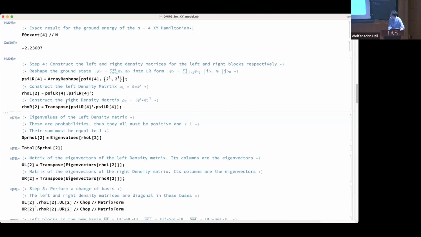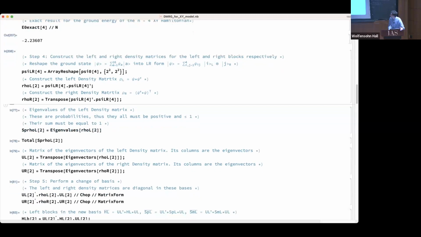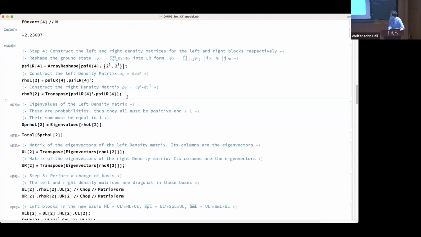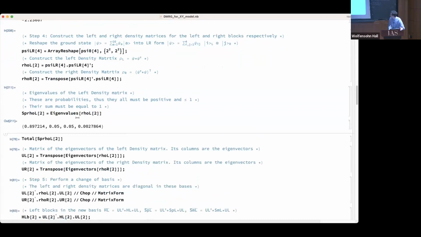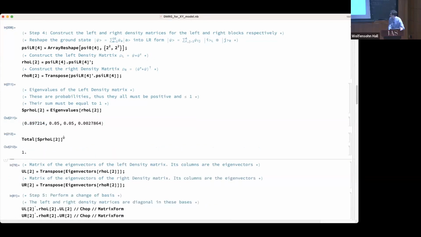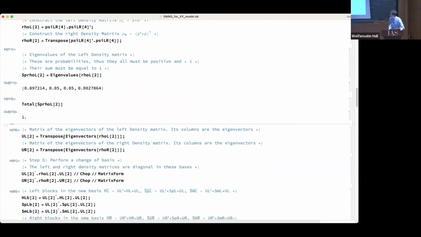Now you can build a left and right density matrix exactly as I said, psi psi dagger or psi dagger psi, and then find its eigenvalues. For example, for this 4 by 4 density matrix, the biggest eigenvalue is this, and then it quickly decays, right? It's 0.5 and then 0.2. And as I said, the sum of all eigenvalues must add up to 1 because it's a density matrix, as it should be.